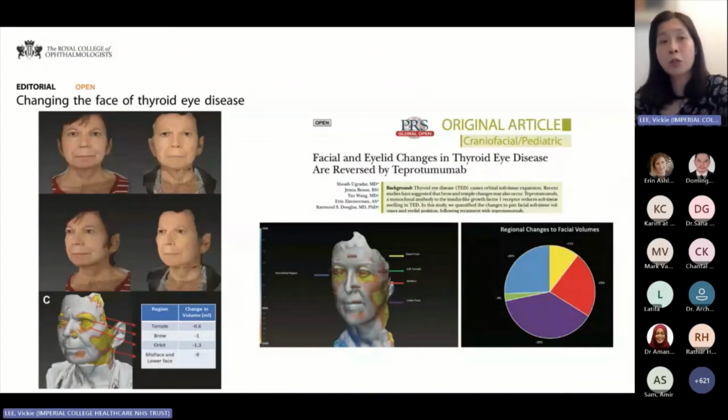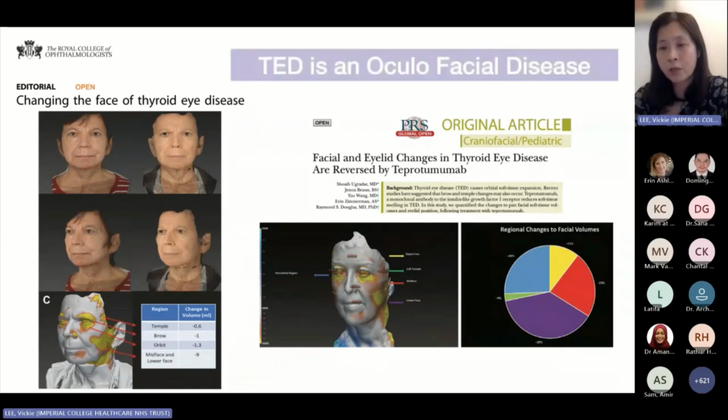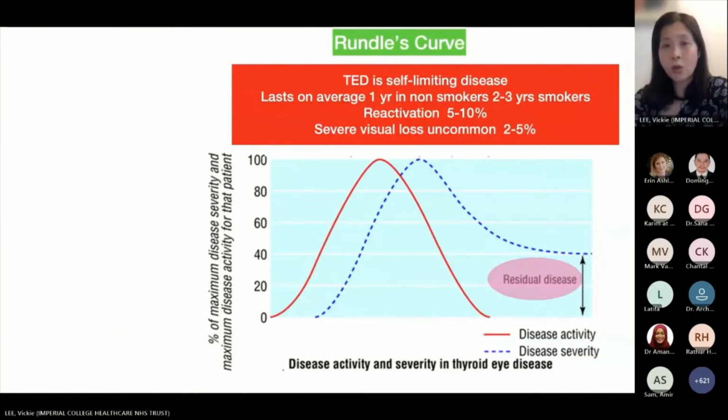However, teprotumumab is a real disruptor because it's challenged our fundamental assumptions about the disease. For example, in this study, it shows that not only the eyes reversed and the proptosis reversed, but also the facial fat pads also improved after Tepezza treatment, which shows that actually TED is an oculofacial disease, not just an eye disease. Also, we are all brought up on Rundle's curve.